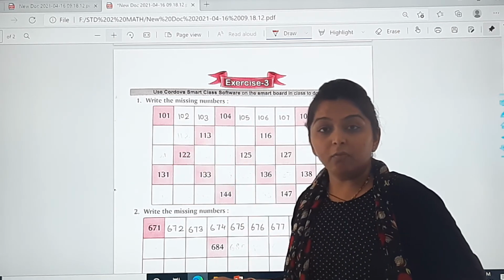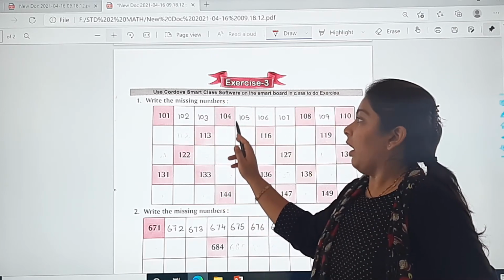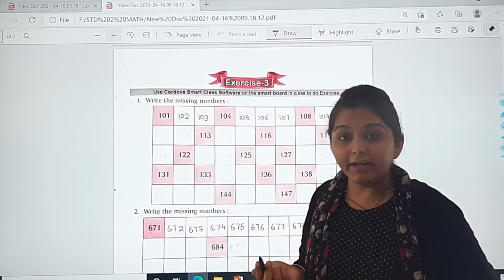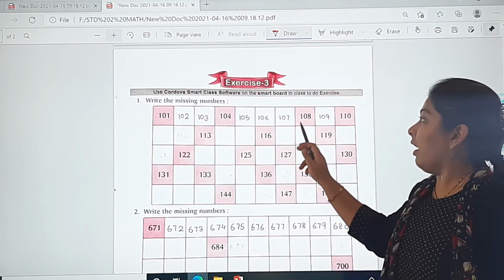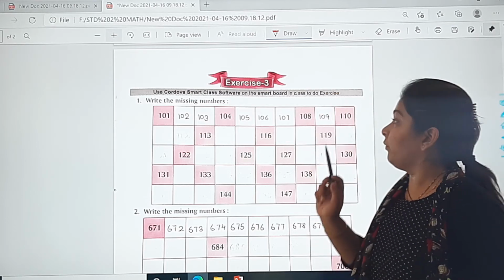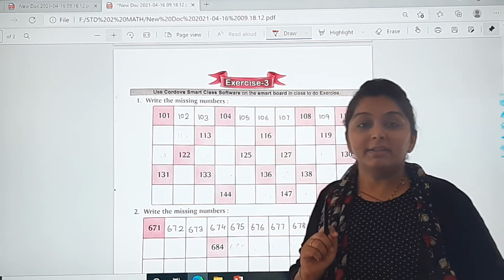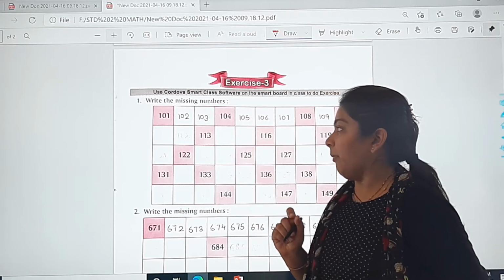After 101 what will come? 102, 103, 104. It is already there. So you will get the hint as well. 105, 106, 107. Then again 108 is given to you. Then 109 and 110. Is it clear? In the same way you will complete.